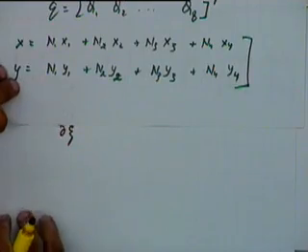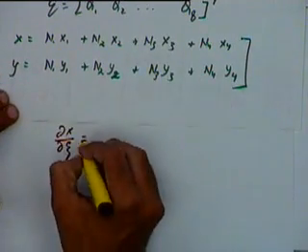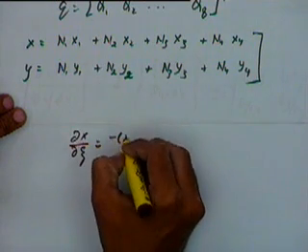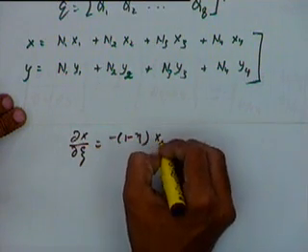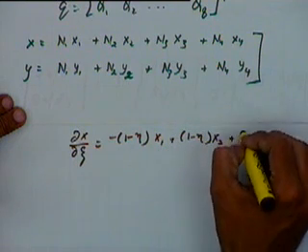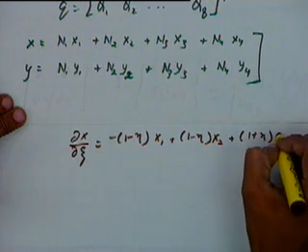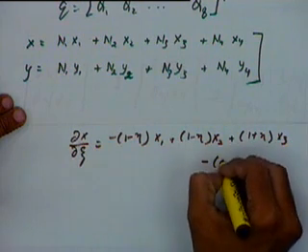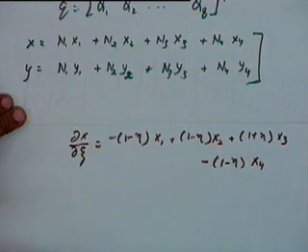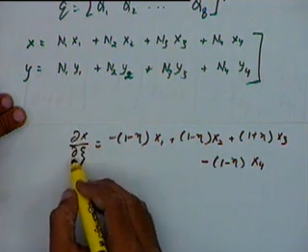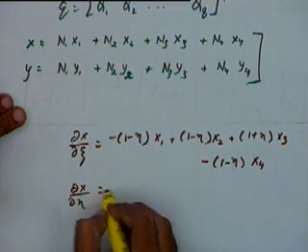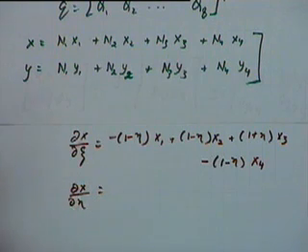So del x by del zeta will come out to be minus of 1 minus eta times x1 plus 1 minus eta times x2 plus 1 plus eta times x3 minus 1 minus eta times x4. This will be the expression for del x by del zeta. Similarly, del x by del eta will also be an expression like this, and so on.